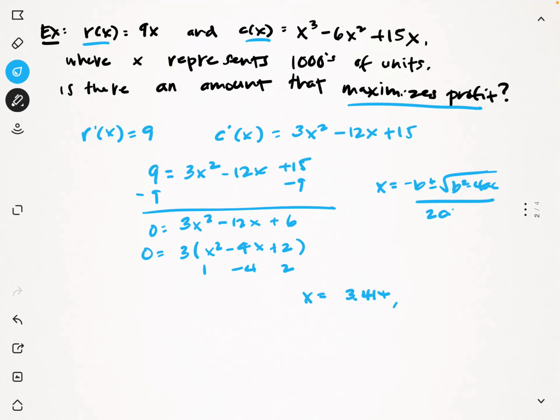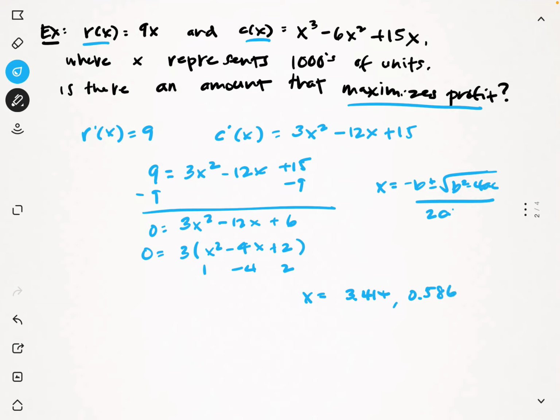And if we do the minus, 4 minus the square root of 4 squared minus 4 times 1 times 2, divided by 2, we get 0.586.